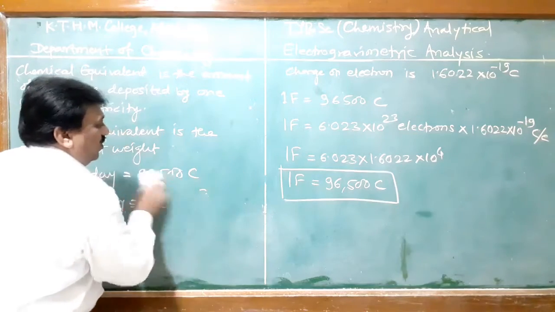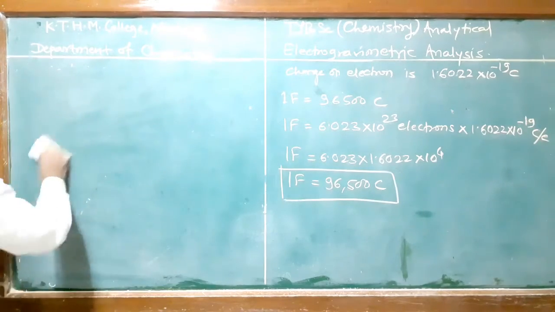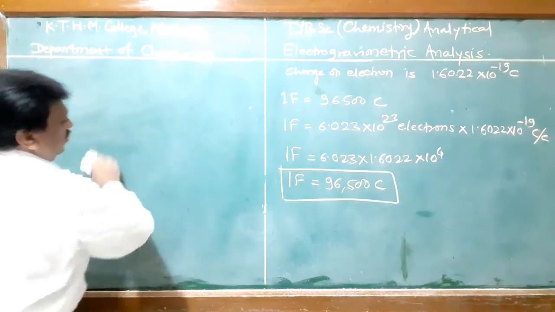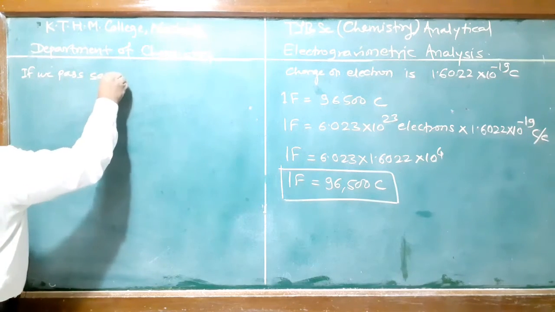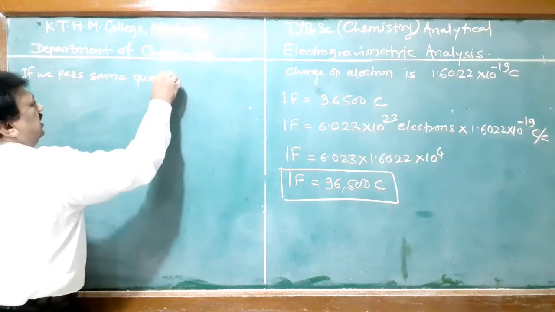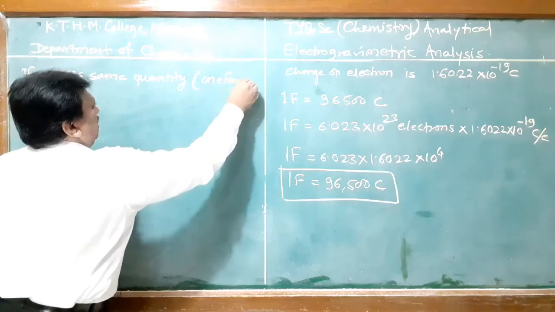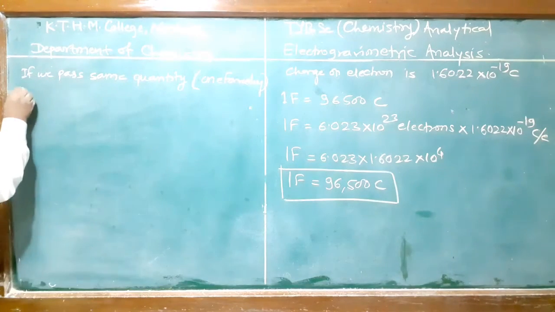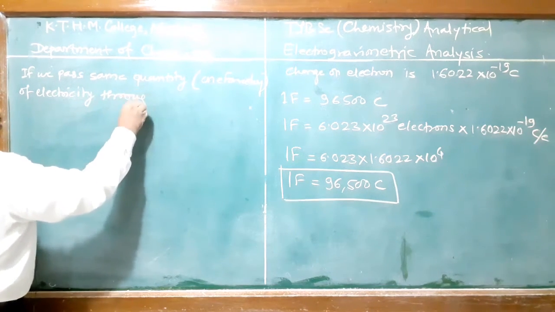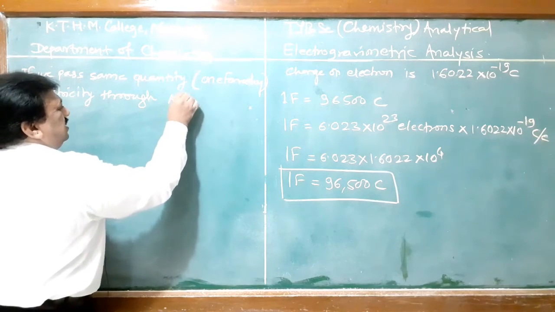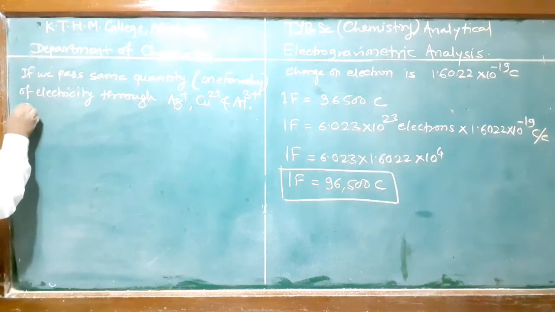Suppose, for example, according to Faraday's second law of electrolysis, we pass the same quantity of electricity, that is here 1 Faraday, through Ag plus, Cu2 plus and Al3 plus ions.